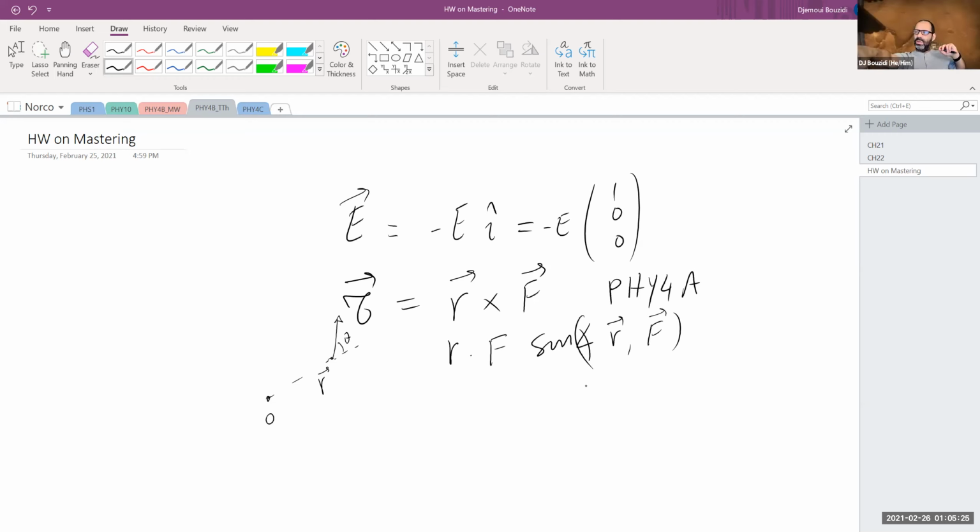We're going to use algebra to get the value of the torque. We already found the electric field, given as minus E I hat, and the vector I hat is in the X direction and has zero components in both the Y and Z directions. Is this notation okay so far?